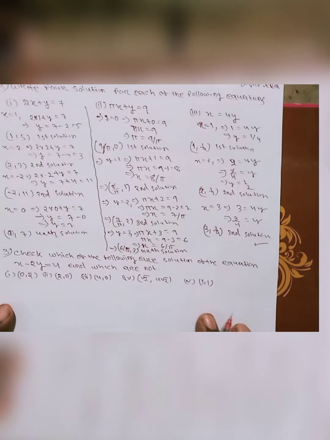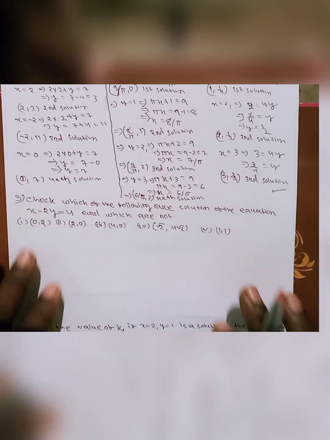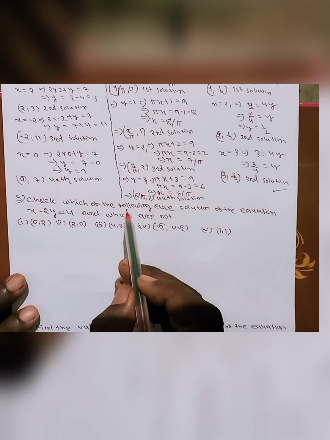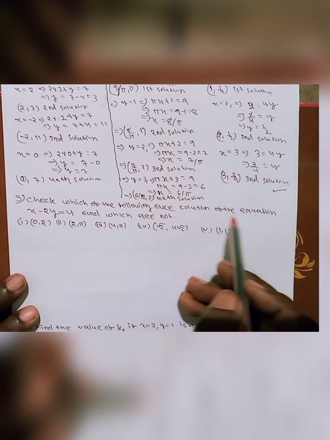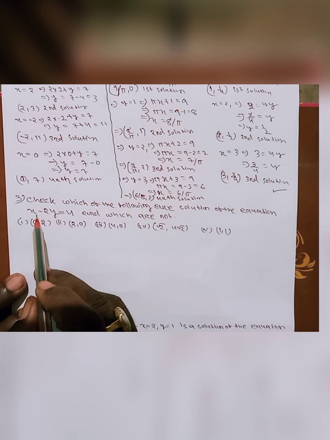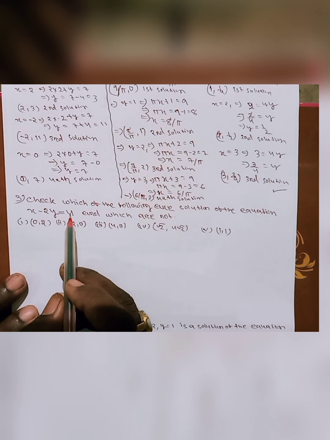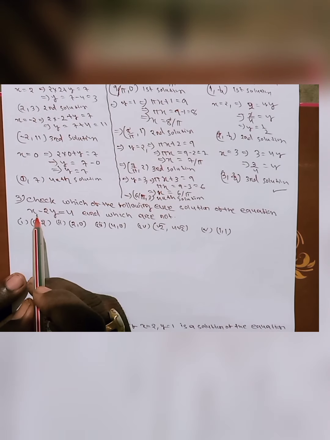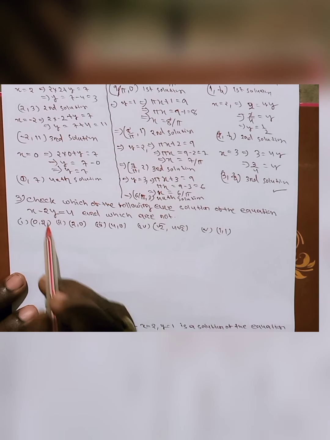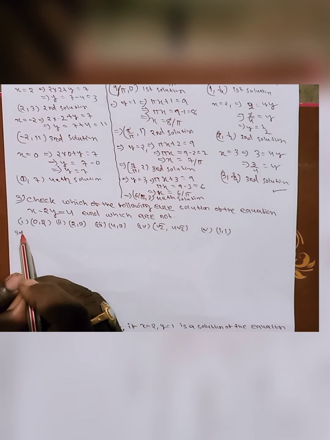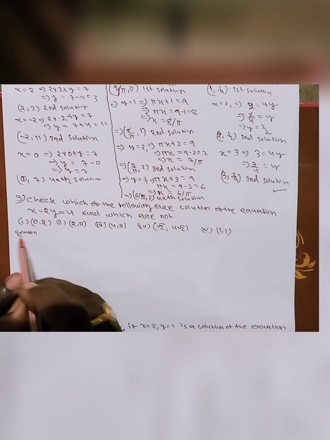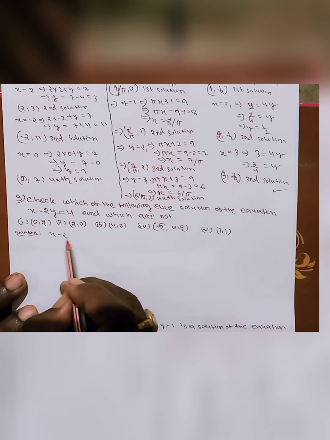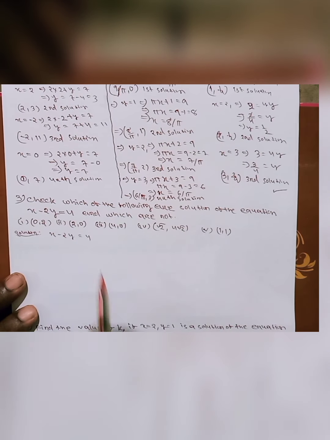Number 3. Check which of the following are solutions of the equation x minus 2y equal to 4 and which are not. One equation is given, x minus 2y equal to 4.